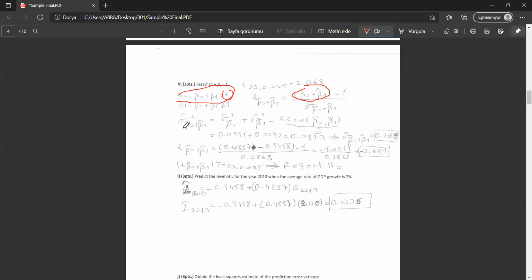Here, the standard deviation of beta 0 hat plus beta 1 hat is found like this. You sum the variance of beta 0 hat and the variance of beta 1 hat and subtract the covariance between them. When you do that, you will find the variance of beta 0 hat plus beta 1 hat as this.